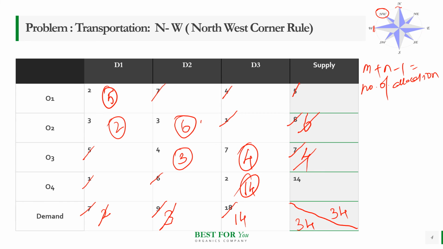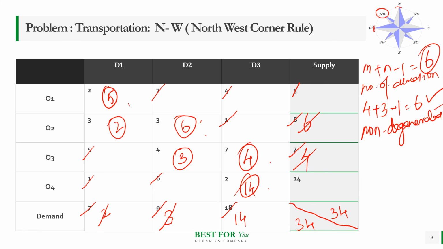So we have 4 rows and we have 3 columns, minus 1, which means that it is going to be 6. So now let us count how many allocations we have. 1, 2, 3, 4, 5 and 6. So we have totally 6 allocations. So both the conditions are true. So now the solution is non-degenerated.